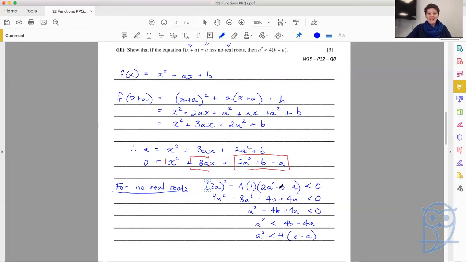And magic, by working through a simple case of substituting into a function that's given, equating that function to a, getting to equal 0, and then applying your discriminant, 3 things that you are very comfortable with, you have shown the weirdness and ugliness that was present in this question when you started.